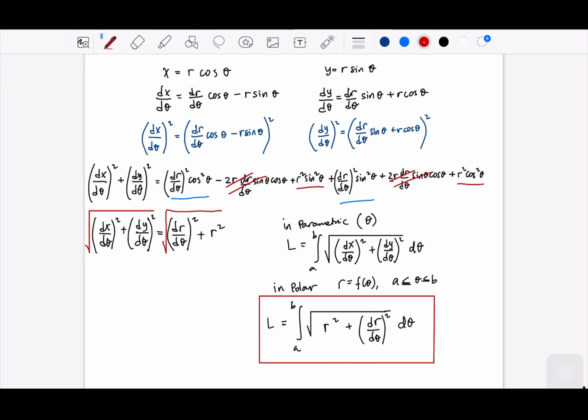If you want, you could try to develop your own writings. In parametric, you have this. The difference in polar is we are going to evaluate these two in terms of polar, which is x is r cosine theta, y is r sine theta.